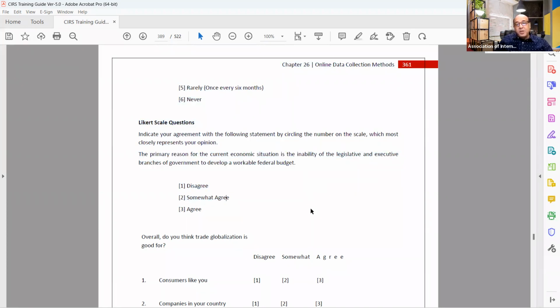Here you've got somewhat agree, right? Even though it's easier for a lot of people who want to stay neutral or don't want to answer it, at the same time it is giving you, as someone who has designed the survey, some sense of whether certain issues are sensitive enough or people don't want to participate or they don't agree with both things.